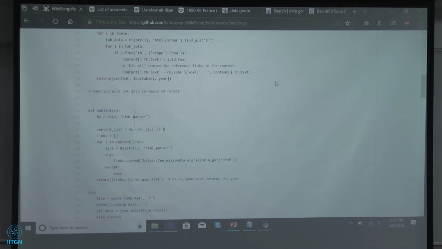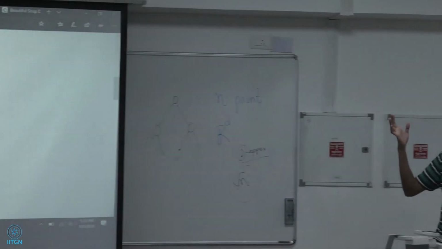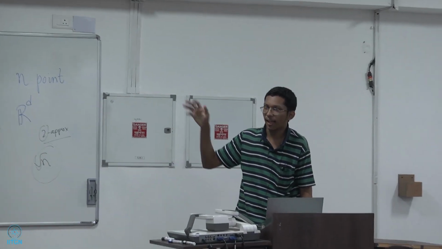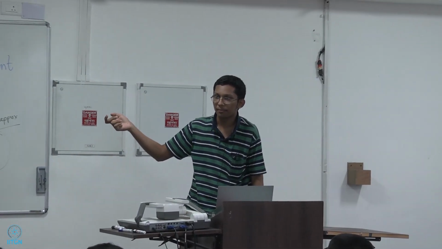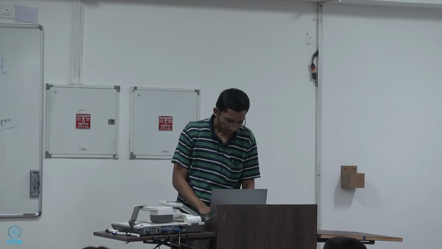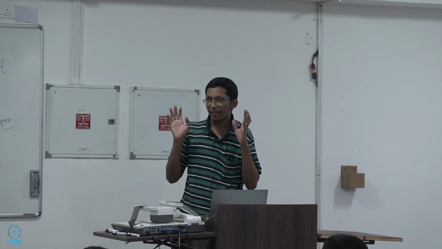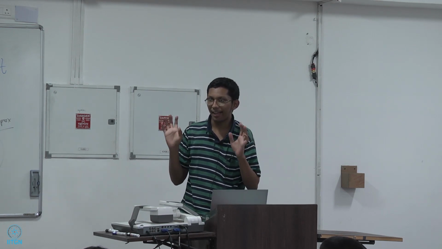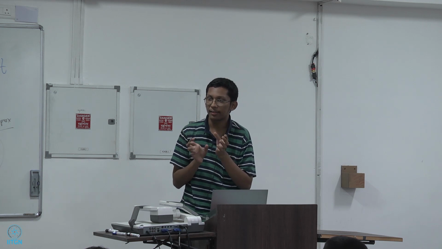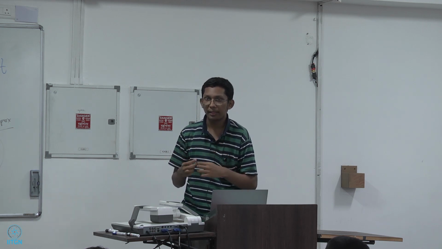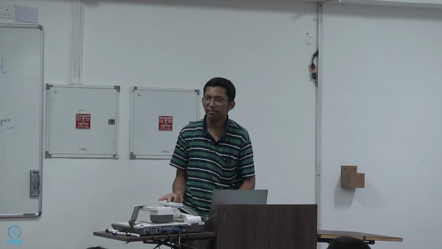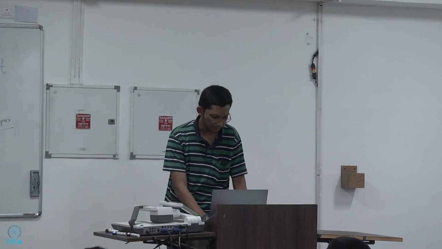For example, if I want to find the title, I just go to the object dot html dot title, take the dot text, and I get the content in the title. If one wants to write a regular expression, it becomes big and difficult, because you have to take into consideration what might be in the title, and checking it also becomes difficult.